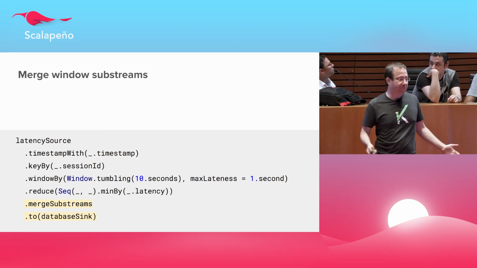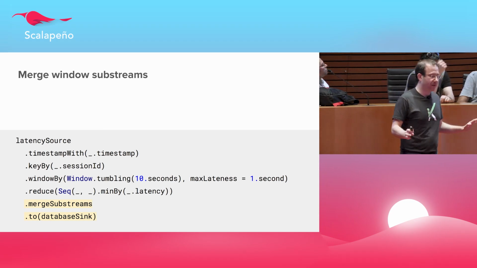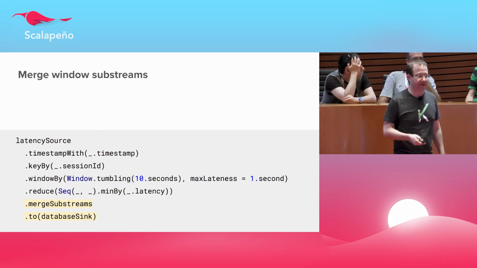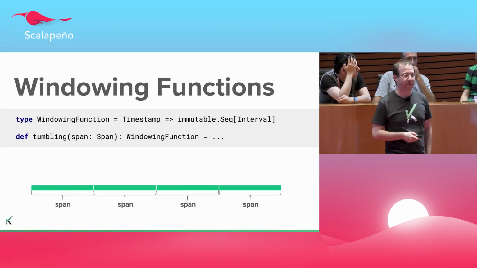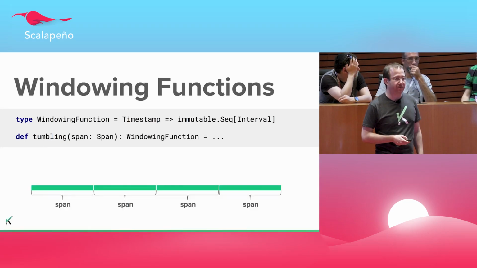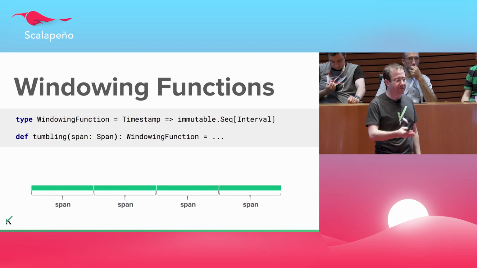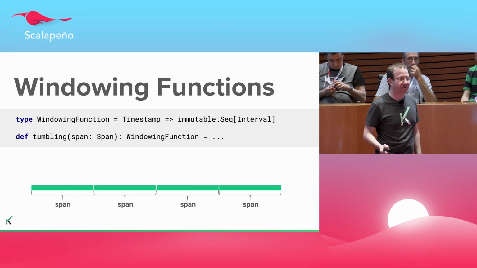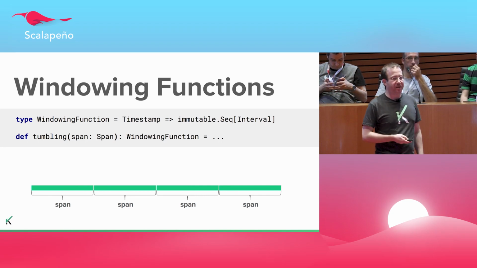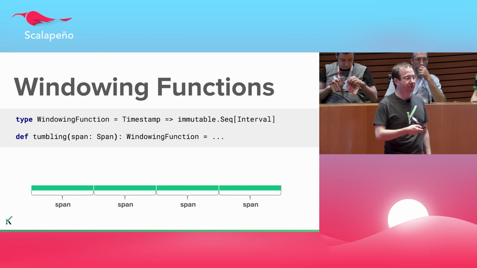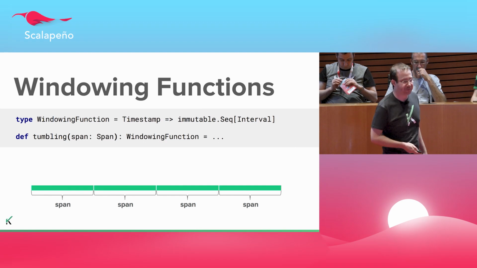So once we're done with that, we're just, as before, going to merge the substream, and that's what's going to be relayed onwards. So how do we represent windowing? Well, we've spoken already about tumbling windows. Those are non-overlapping spans.